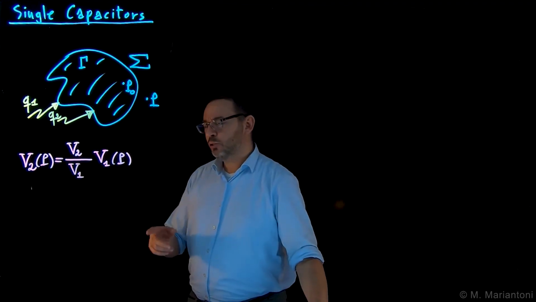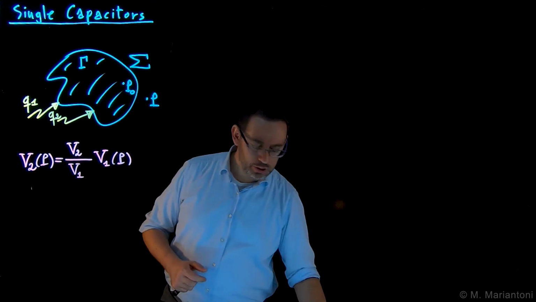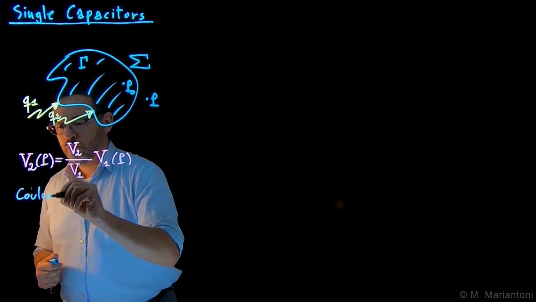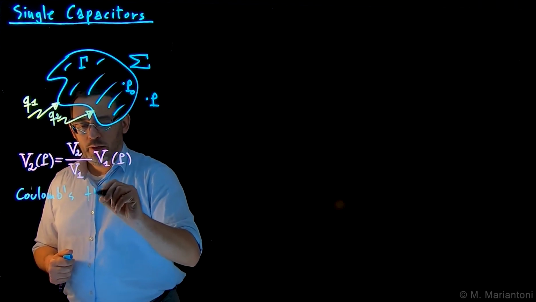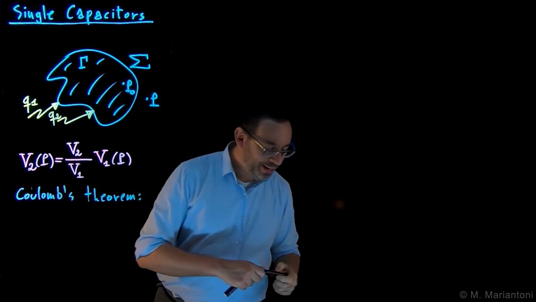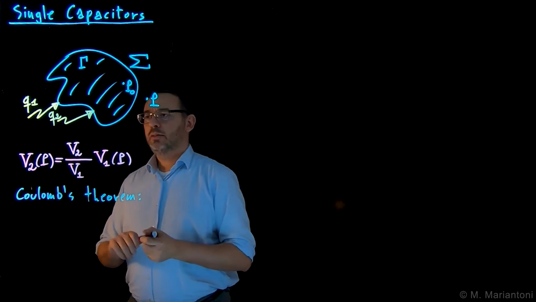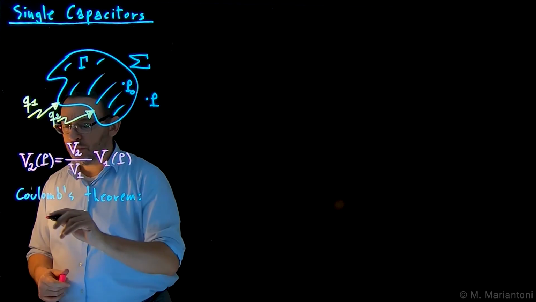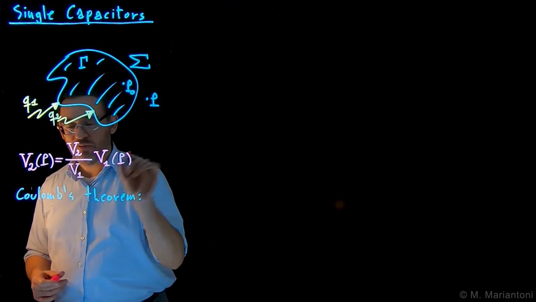So now the next thing we want to do really is to use Coulomb's theorem. And the way we want to use Coulomb's theorem is to find mathematically the value of the charge Q1 or Q2 given the electrostatic potential, which we solve by means of the Laplace equation in vacuum.